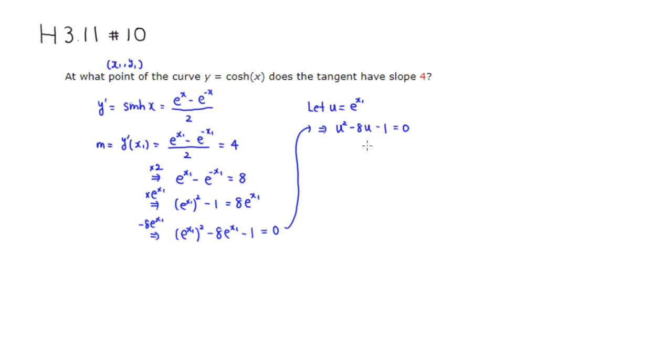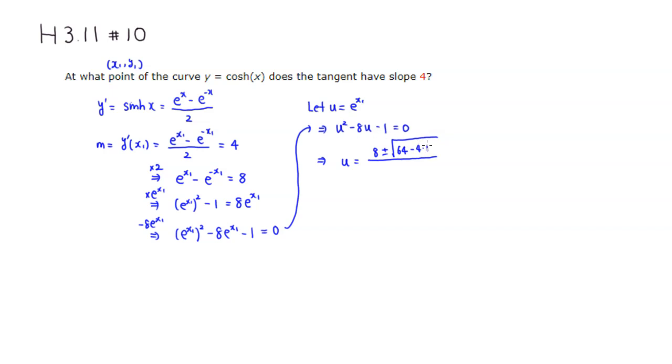So this is a quadratic equation in u, so we can use the quadratic formula to find the u value. So u is going to be equal to negative b, which is 8, plus or minus the square root of b squared, which is 64, minus 4.